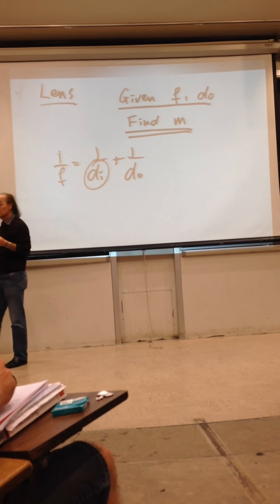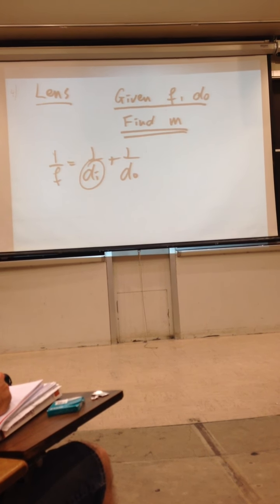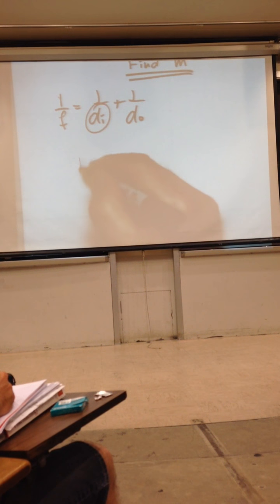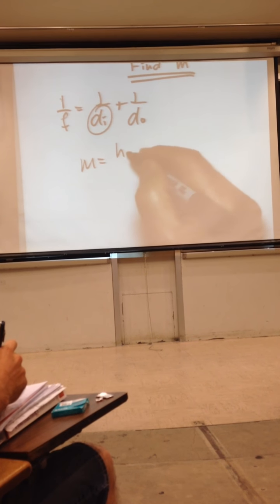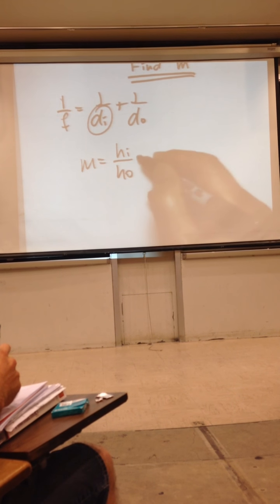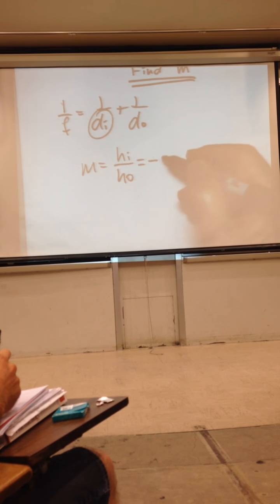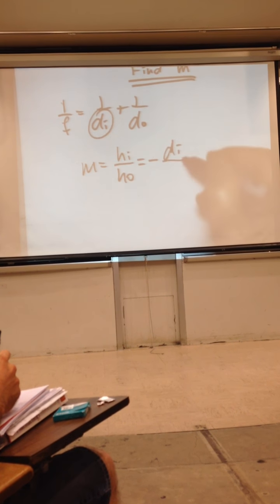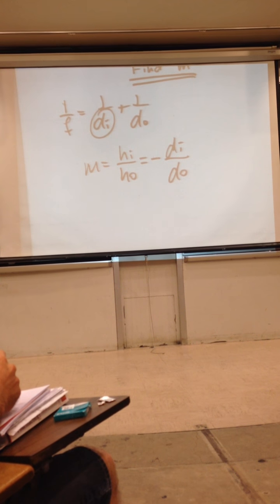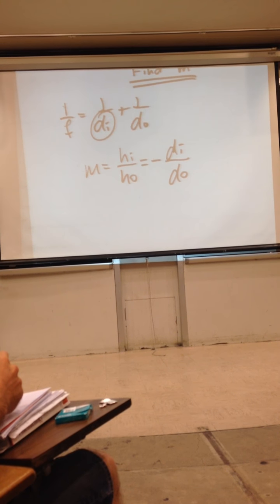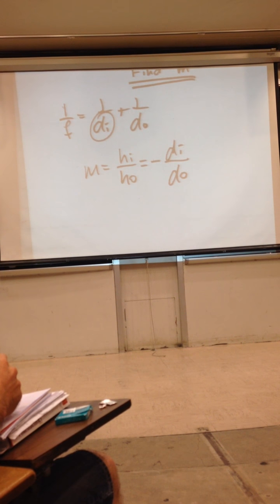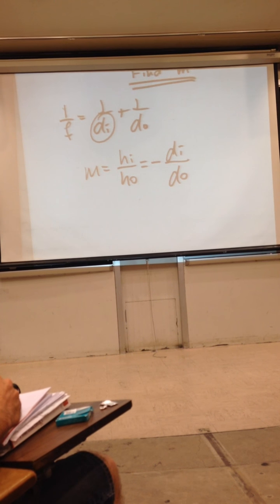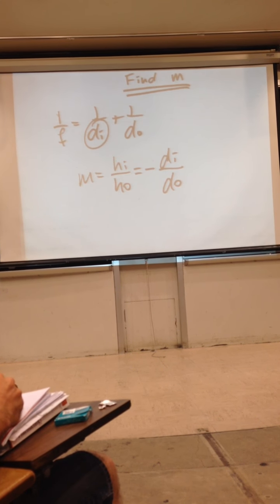Use the magnification equation to find the magnification. So magnification is image height divided by object height, which equals negative image distance divided by object distance. So you can see that these are really straightforward, mostly one-step or two-step problems.